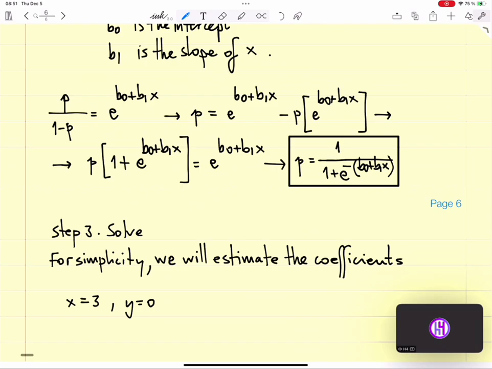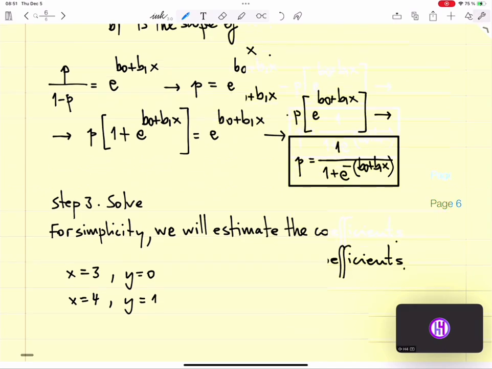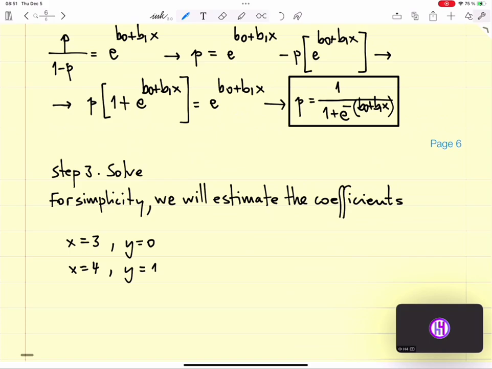And when x equals 4, y equals 1. Because this is the point where it changes, we assume that when x equals 4, the probability is going to be 0.5.